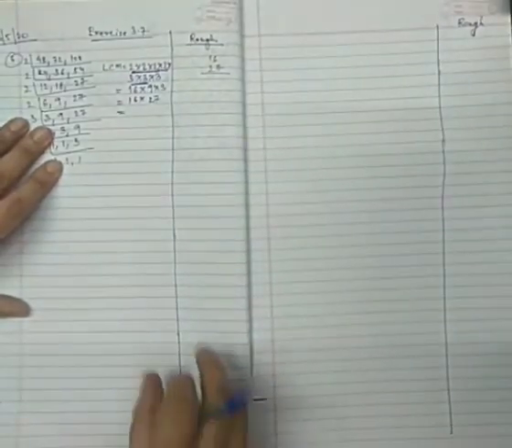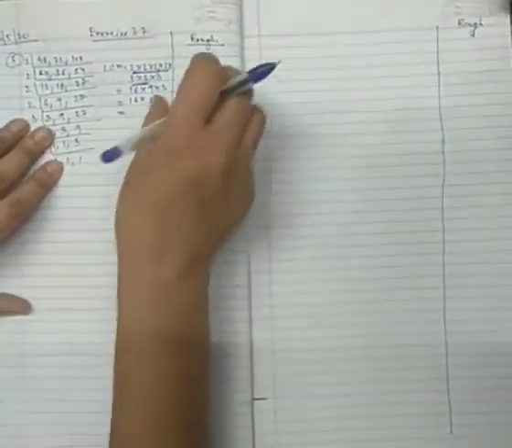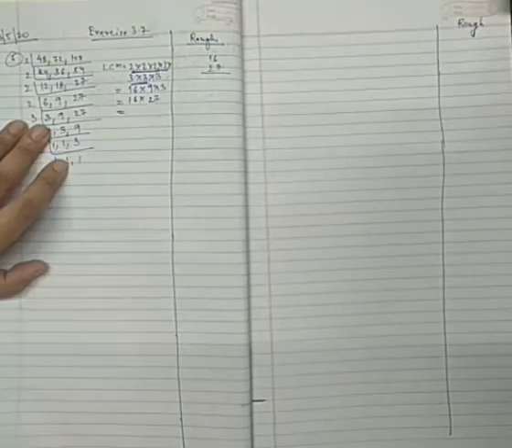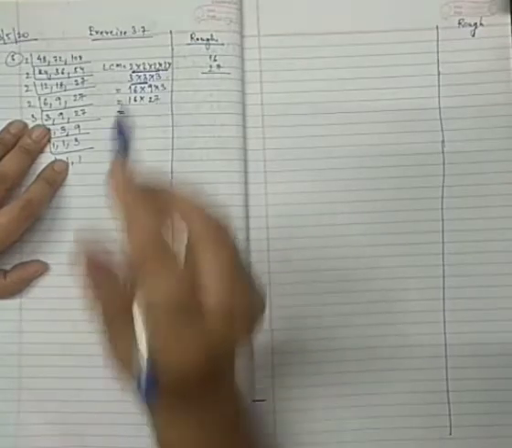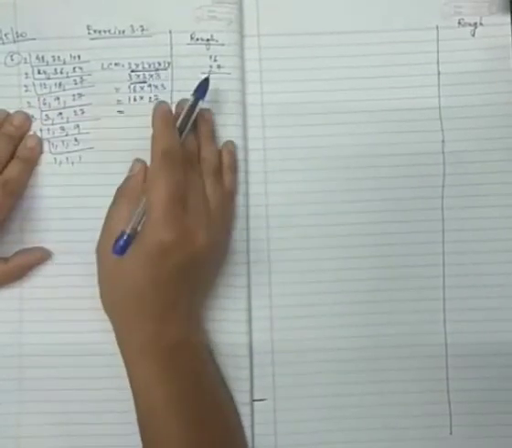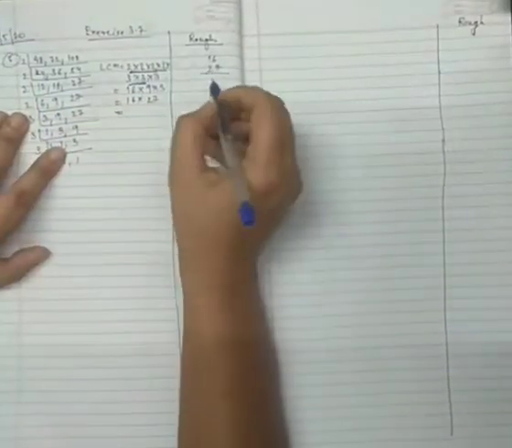See, children, on the right side I have made a column of about 2 inches for rough work, so that you can do all your calculations here instead of at the end. If you do them at the end, then at the end of the year it will be lost. So you will do all your rough work beside your questions, so that you can refer back later to the calculations you've done.